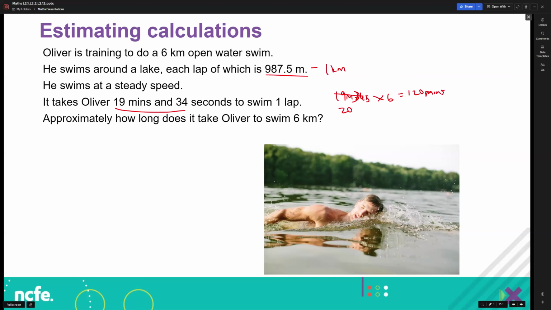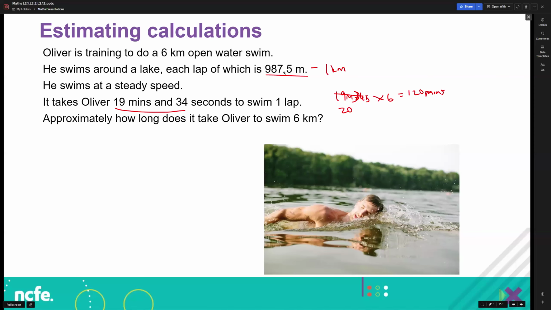So as you can see, I've rounded this number to the closest minute and to the closest like thousand. I think you can see you wouldn't round that to 990 in this case, because the numbers are larger, so you can round it to a greater margin of division, essentially.